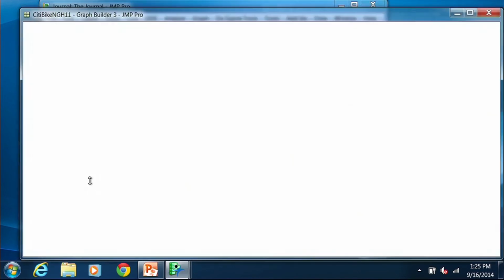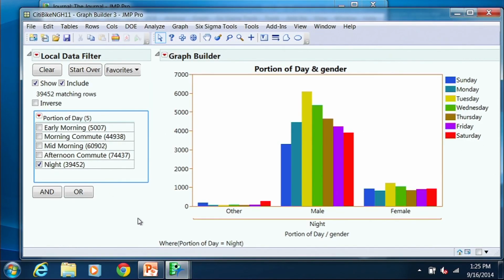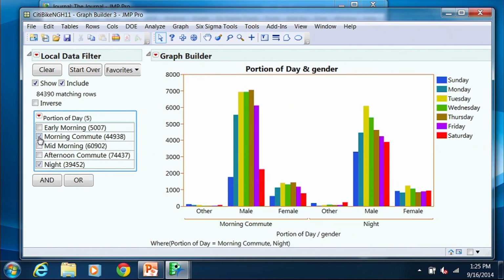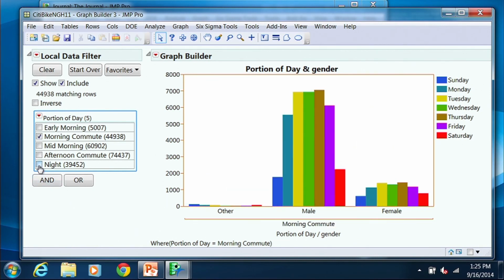So then we decided to look at portion of the day and look at gender once again by what time of day. And that's where we got this insight about the different times of the day that people ride and what the pattern is. You can see during the week there's more morning commute, less on the weekend.